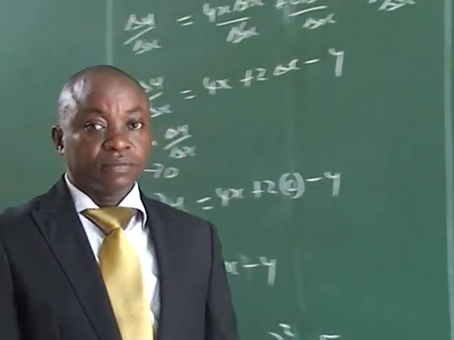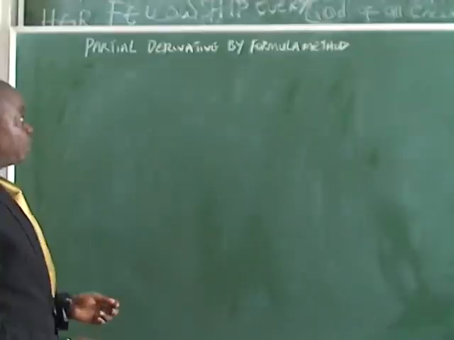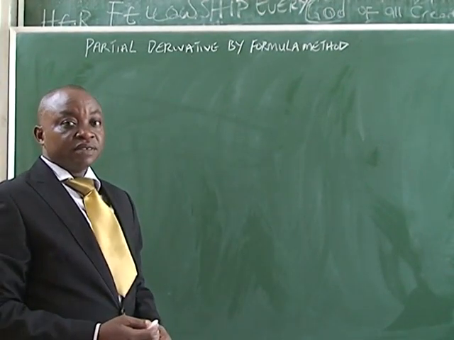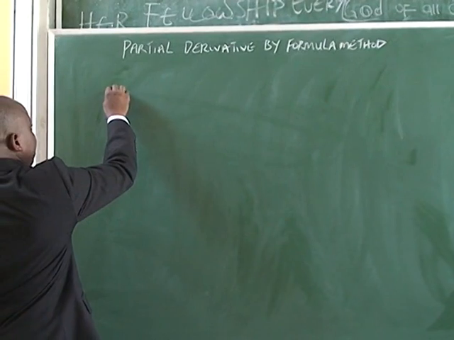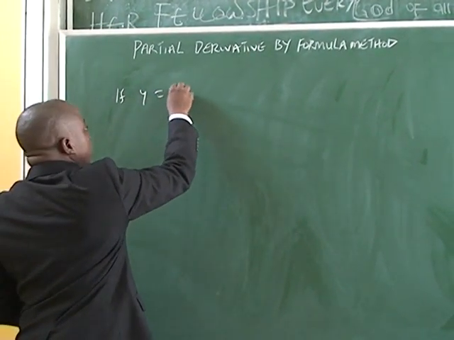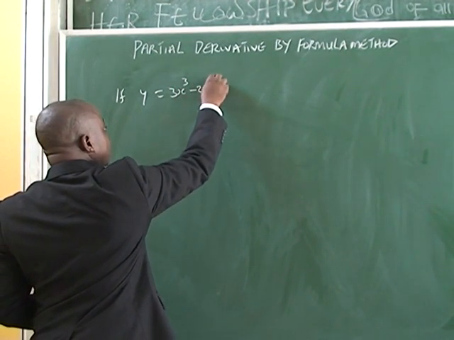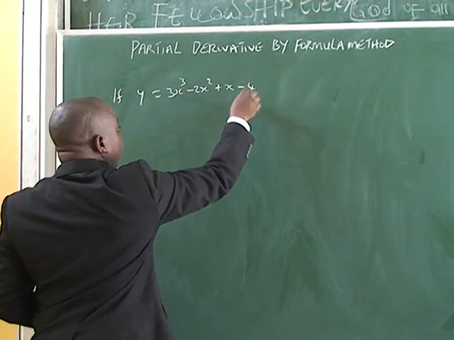Alright. We are looking at partial derivative by formula method, and we'll go back to function of one variable. If y is equal to 3x cubed minus 2x squared plus x minus 4.